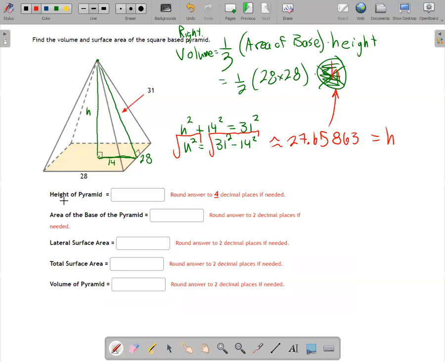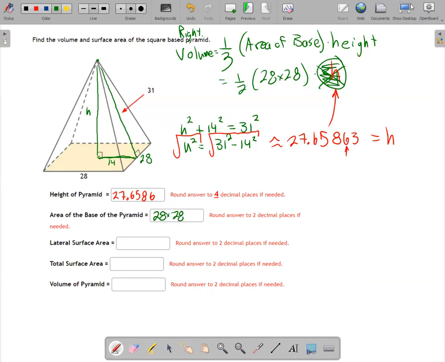Okay, so to get the volume, I can just multiply that in up here where I need the height. So we have the height now, about 27.6586, to 4 decimal places. Should read directions better. Let's write it in red so we can shout back at the instructions. The area of the base of the pyramid is just 28 times 28.